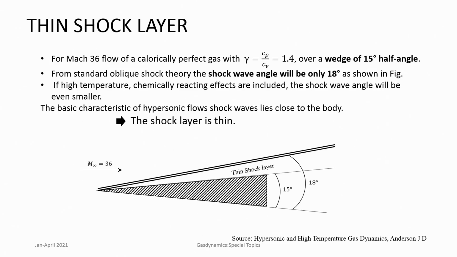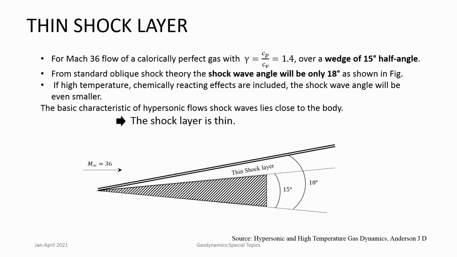So, what are these additional flow features that come into the picture in hypersonic flow? Just saying that the Mach number is greater than 5 is not enough to describe hypersonic flows, and a majority of these descriptions is described very well in the textbook by Anderson on hypersonic and high temperature gas dynamics, and these descriptions are mainly taken from that textbook.